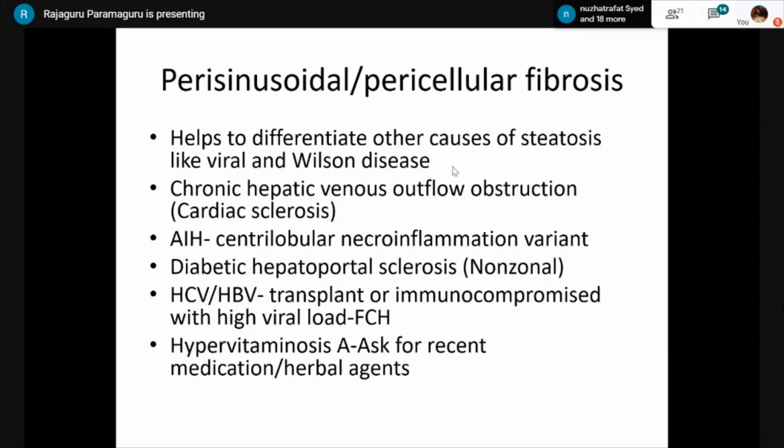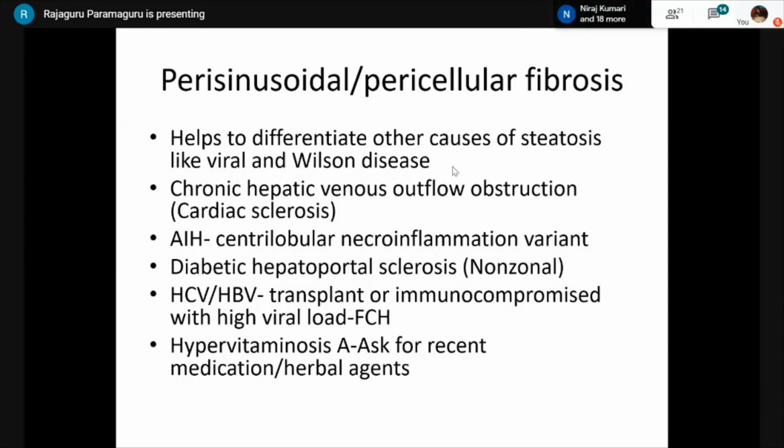Please be aware of this, because everyone would know that autoimmune hepatitis has a classic portal plasma cell rich or lymphoplasma cell rich infiltrate, which produces interface hepatitis and ductal reaction and so on. But this one is supposed to be the earliest feature, and it can happen in the perivenular area, the zone 3 area.